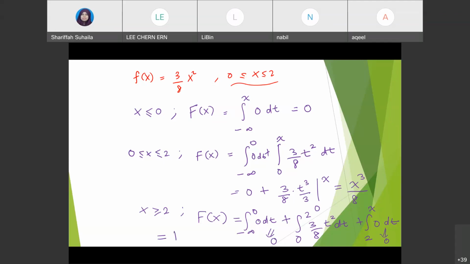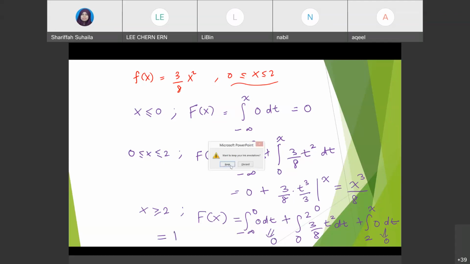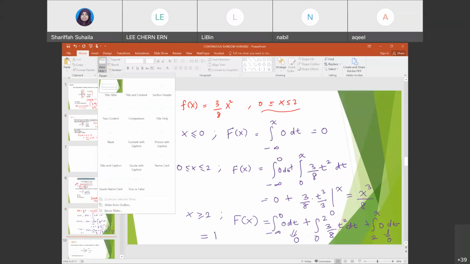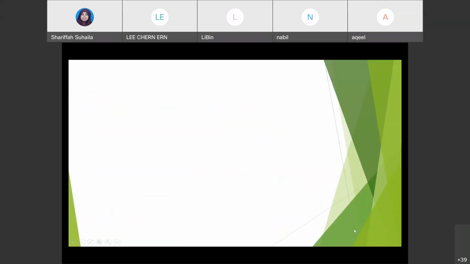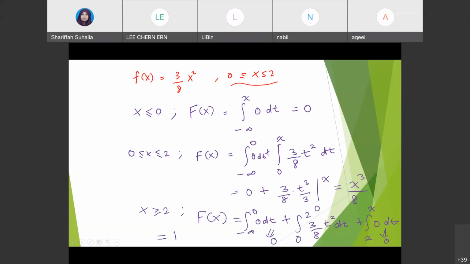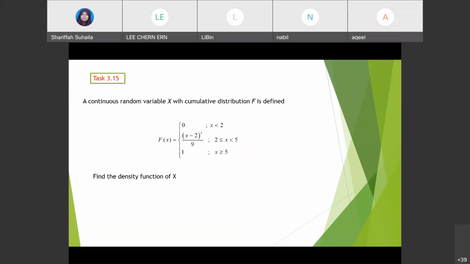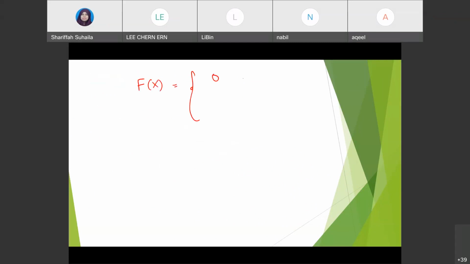That is your capital fx. Okay, sekarang ni, sekejap ya. Okay, saya letak balik, susun balik. So now I will have fx, I put in terms of function. 0, kita ada x less equals to 0.